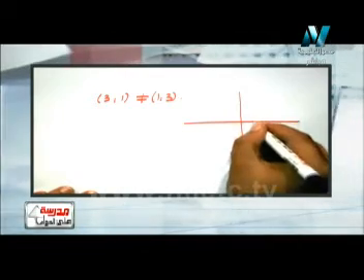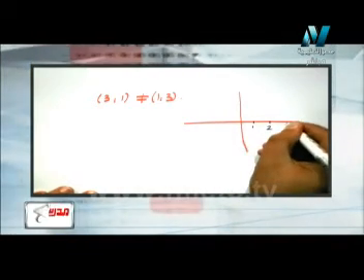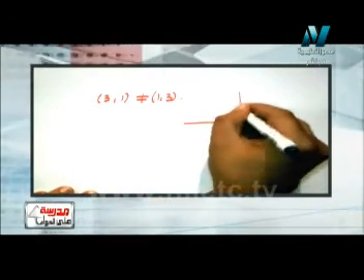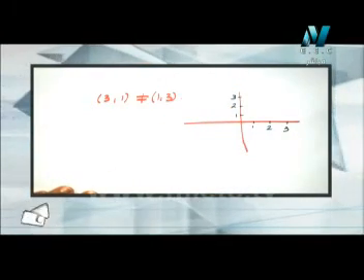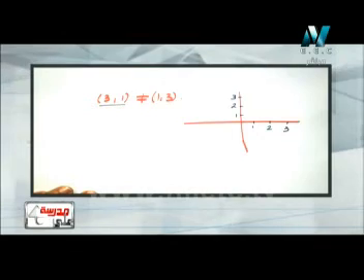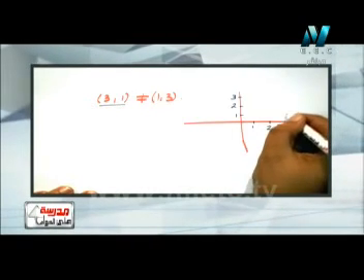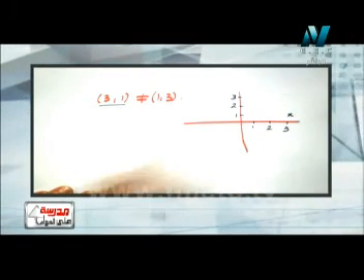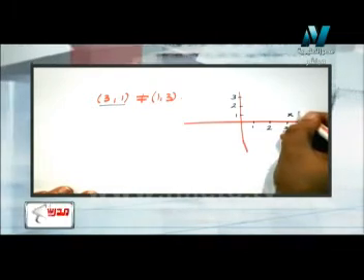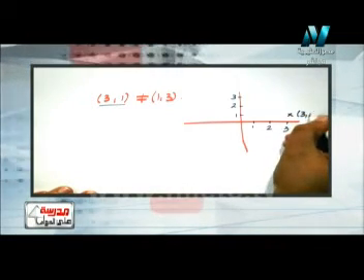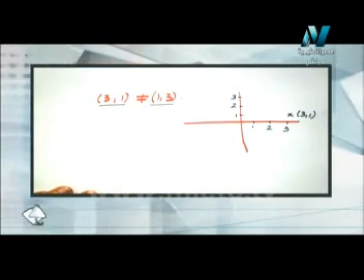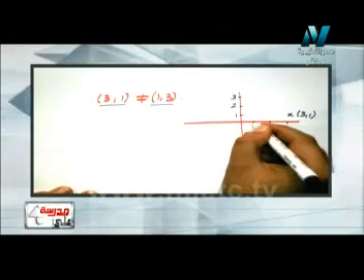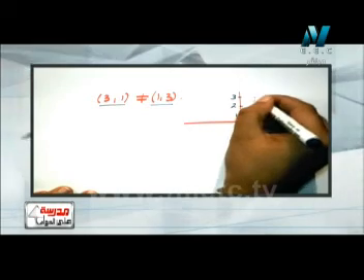On the graph we have 1, 2, 3 horizontally and 1, 2, 3 vertically. For the ordered pair 3 and 1, you put 3 and move up 1 unit. So this ordered pair represents 3 and 1. What about the second ordered pair, which is 1 and 3? 1, and move up 3 units.